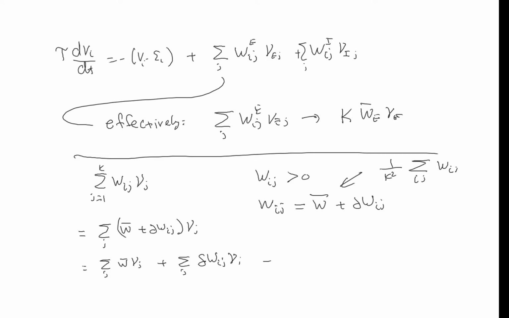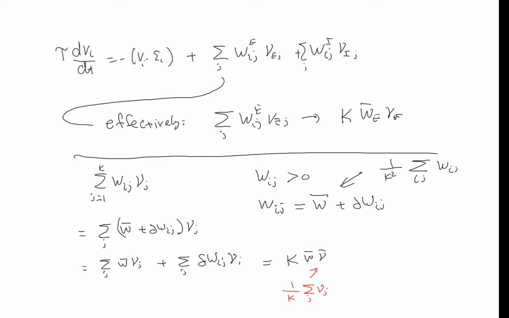The first term is easy. This is equal to K, the number of terms in the sum, times w bar times nu bar. So it's a number, and it's pretty intuitive, right? If all the w's were the same, this is K times the average firing rate. So nu bar, of course, has the definition 1 over K, the sum on j of nu_j.